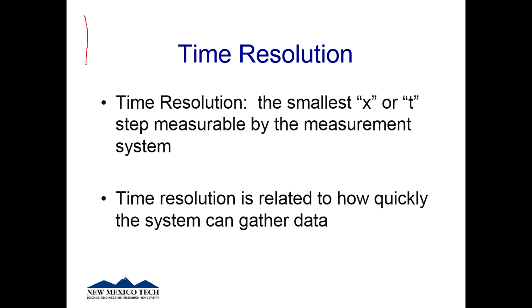Like I said last week, if you have some data, what are the biggest steps in the Y direction? This has to do with the number of bits. This week we want to talk about how quickly we take data, and it has to do with our sampling rate, which has to do with time.